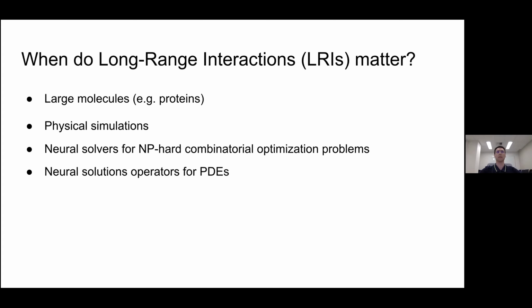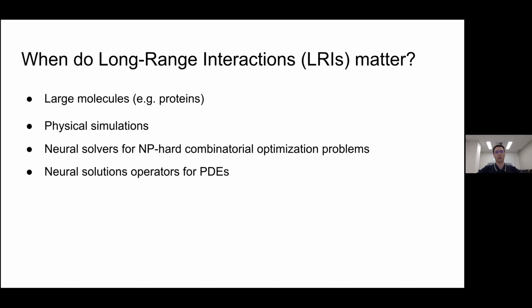So is the case in physical simulations or for neural solvers in combinatorial optimization problems, where these problems are NP-hard. So we really need to represent the entire problem.